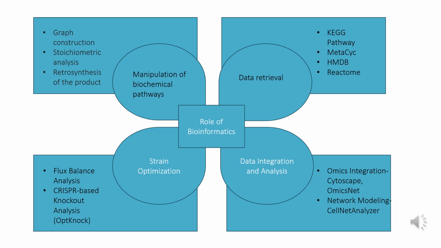For fluxomics, it analyzes the metabolite flow through pathways using techniques like metabolic flux analysis. The software that we can use is COBRA Toolbox and CellNetAnalyzer. For example, it can analyze the metabolome of Saccharomyces cerevisiae to optimize the ethanol production.